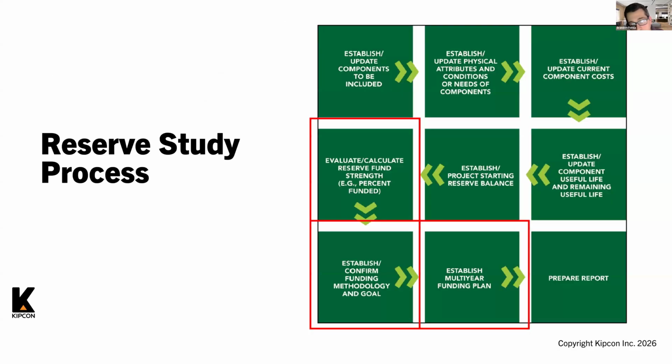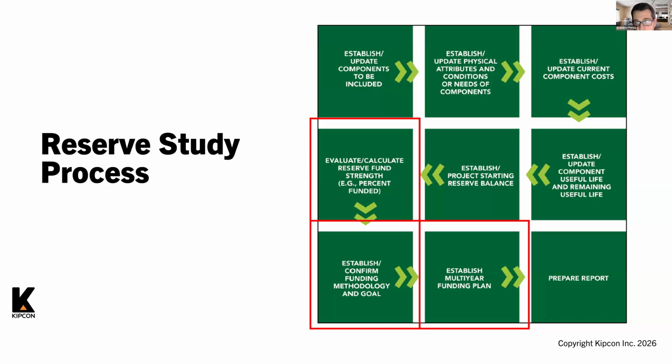And here's a little flow chart, basically talking about the process from start to finish. You can follow along: establish the components, establish the attributes and conditions, establish the current costs, establish and update the component useful life and remaining lives, establish the project starting fund balance, which is provided to us.